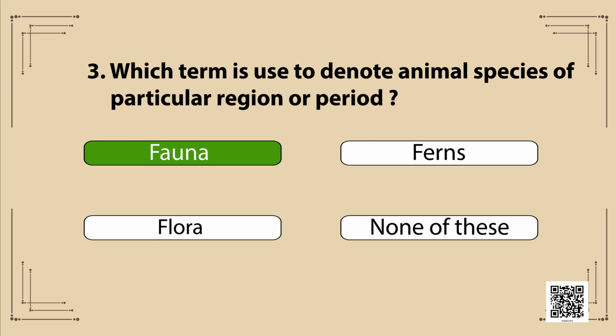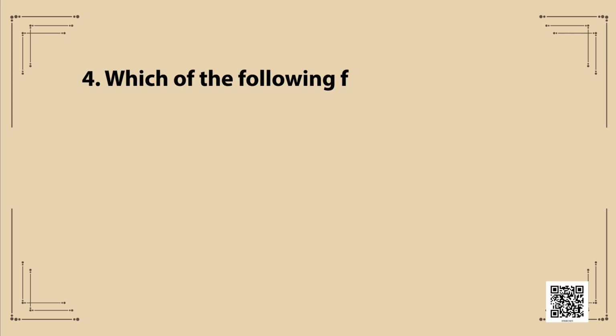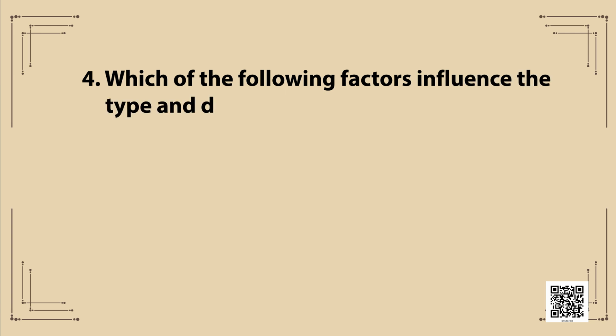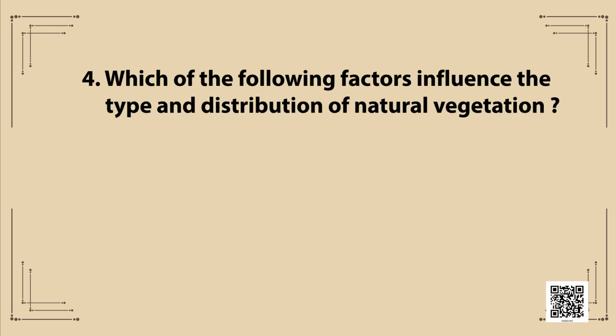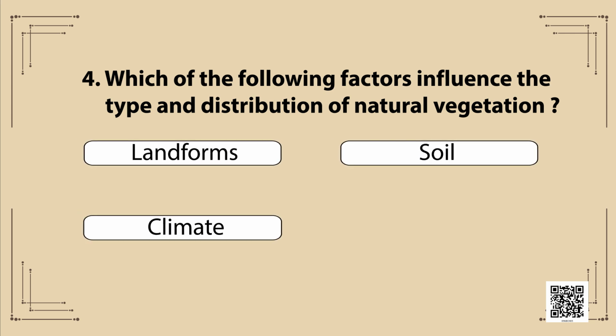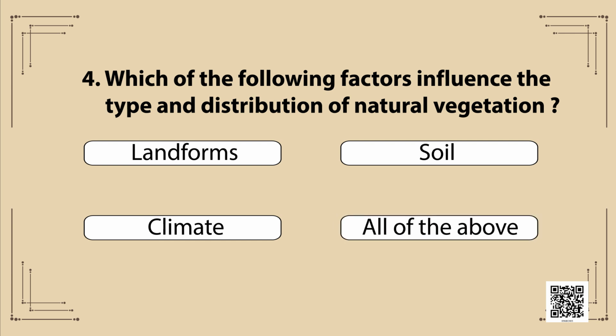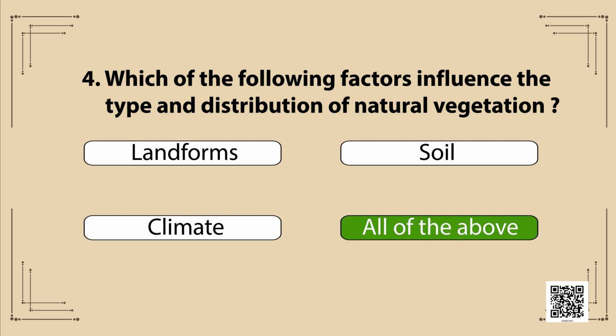Very good. The next question is, which of the following factors influence the type and distribution of natural vegetation? The options are landforms, soil, climate or all of the above. And the correct option is, yes, all of the above.